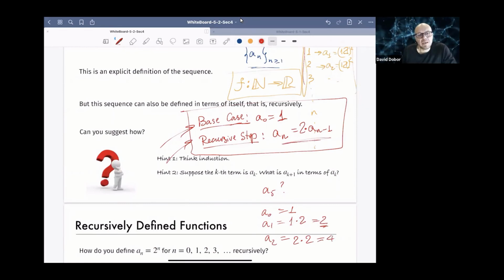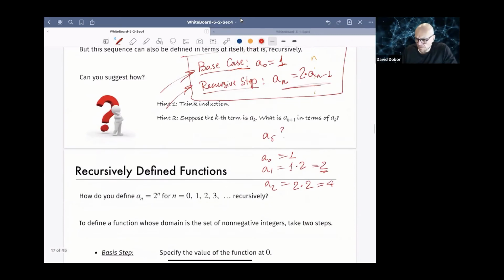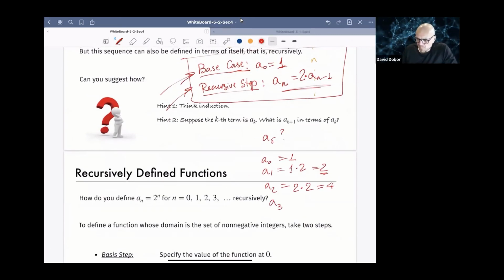So now I know that a sub 2 has got to be 4. Then a sub 3, I don't know what it is yet, but according to the recursive step, it's 2 times the previous term. And I've already computed the previous term. That was 4. So that's going to be 8. A sub 4, I can compute it for you. It's going to be 2 times 8 because that's the way that the sequence is defined, and that's 16.